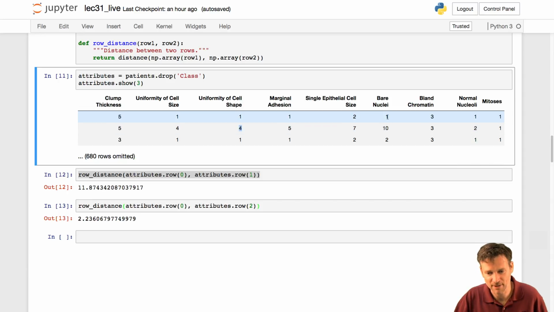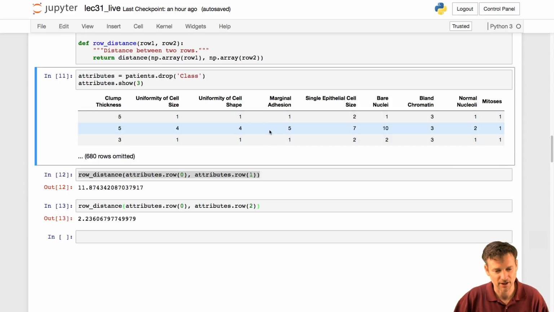Like, whoa, look here, bare nuclei, 1 versus 10. That's a huge difference. There's some places where they're similar, 3 versus 3. But there are also some places where there's a big difference, 1 versus 5, 2 versus 7. Okay, so this is telling me that patient 0 and patient 2 are a little more alike, and maybe we should expect them to be more likely to have a similar diagnosis, whereas patient 0 and patient 1, who knows, maybe they do or they don't have the same diagnosis.